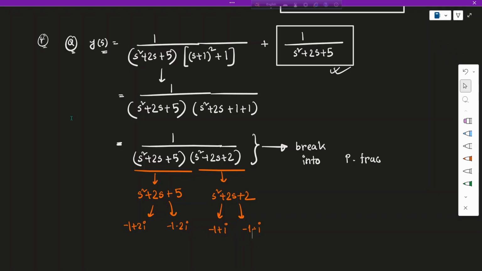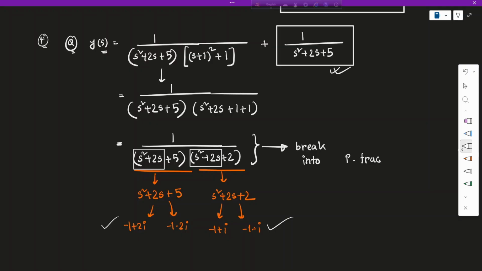So there are two ways of doing this. First of all, this denominator has another thing in common. The first part of both of the two denominator factors is the same, s squared plus twice s. So this is another special characteristic among them. First of all, they are both equations that result in complex roots.